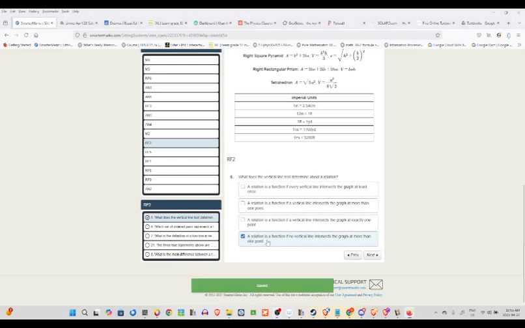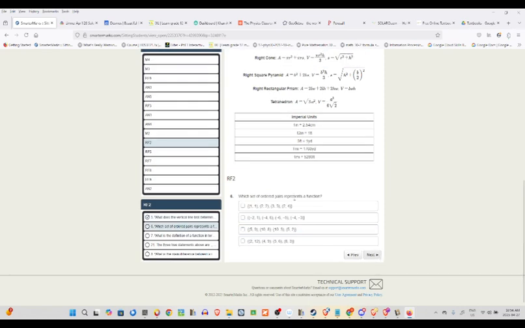A relation is a function if no vertical line intersects the graph at more than one point. So D is the correct answer. C is incorrect for subtle reasons. A vertical line can intersect the graph at exactly one point, while other vertical lines intersect it more than once. That's the important distinction there.